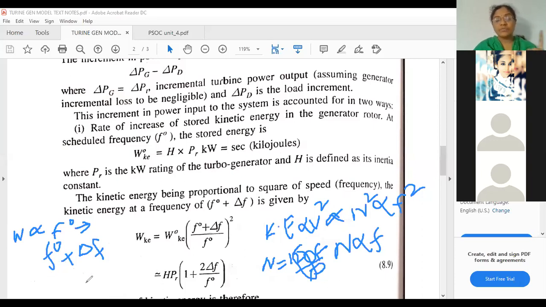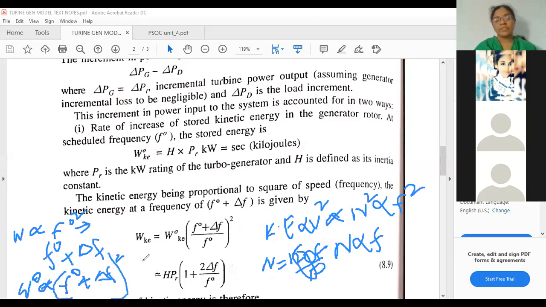This we have seen in the turbine speed governing system, where we took frequency feedback. So here, whatever the change in kinetic energy is, it is now proportional to f naught plus delta f whole square. This is also square times because it is speed square times.